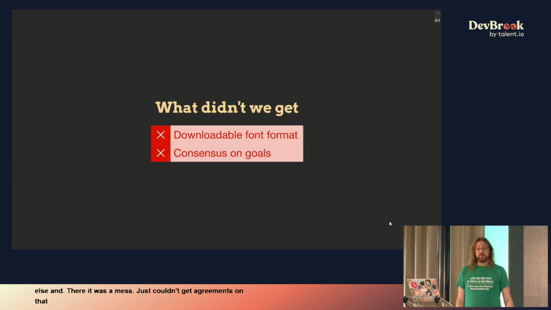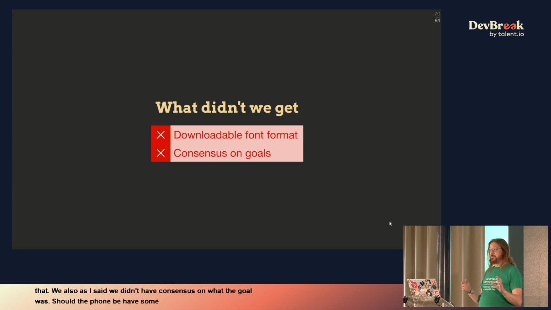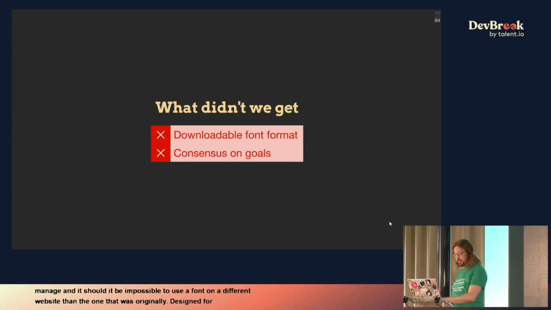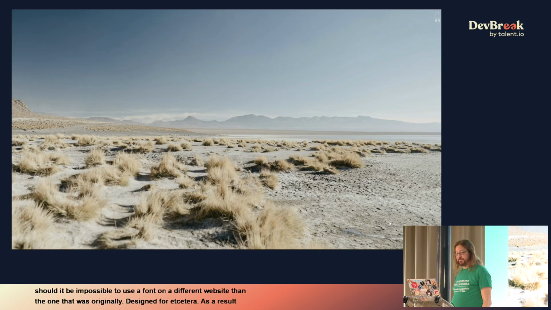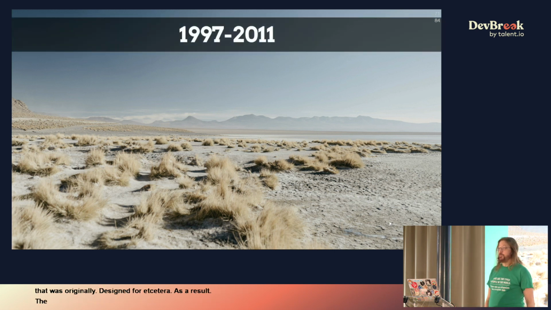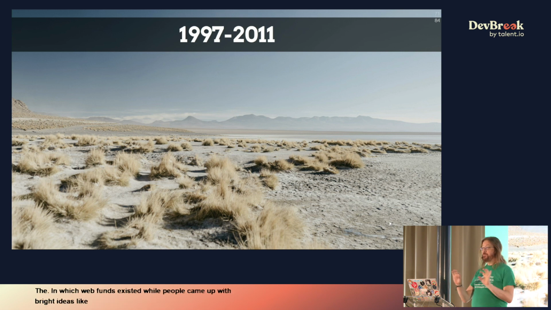We also, as I said, didn't have consensus on what the goal was. Should the font have some digital rights management in it? Should it be impossible to use a font on a different website than the one it was originally designed for, etc.? As a result, in the desolation in which web fonts existed, people came up with bright ideas like web-safe fonts.